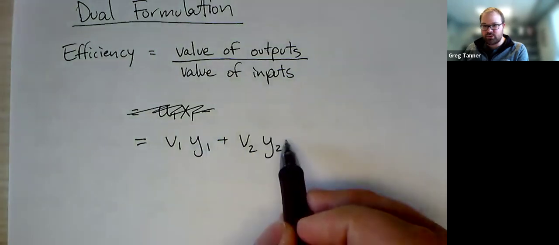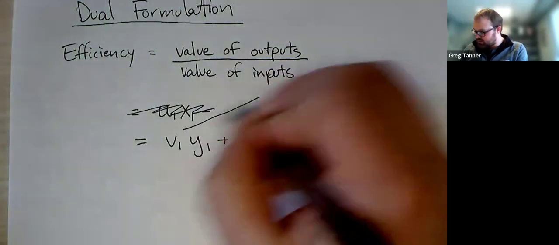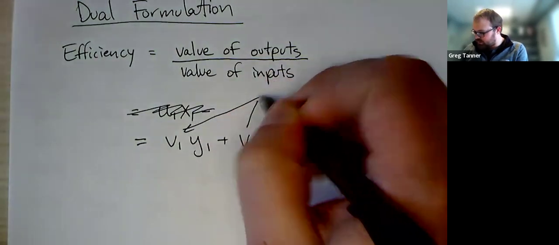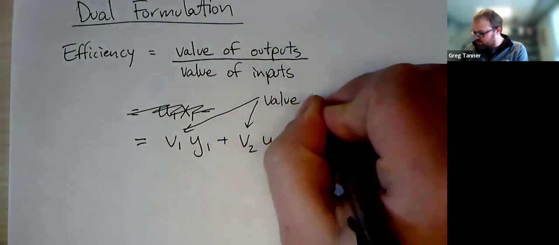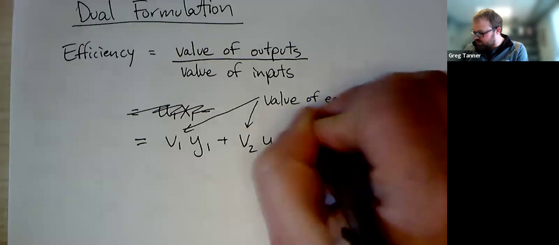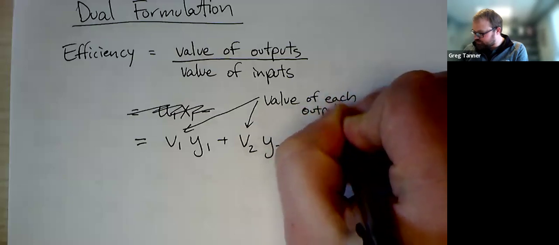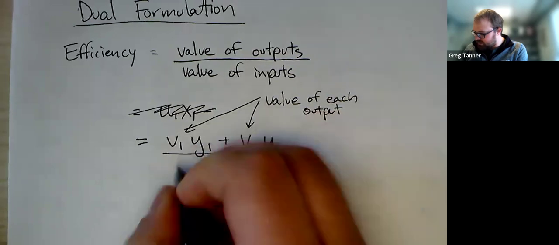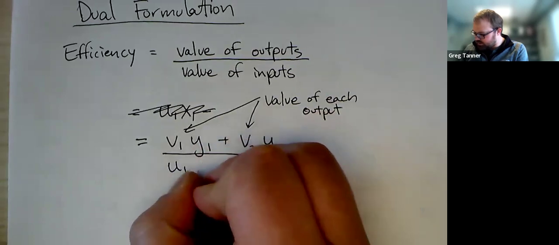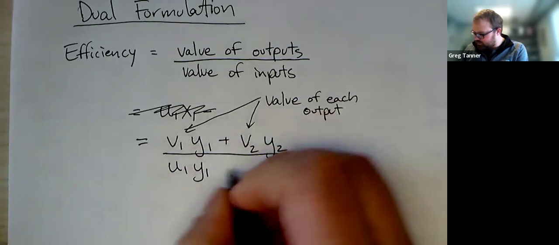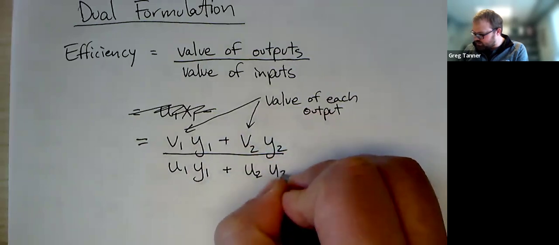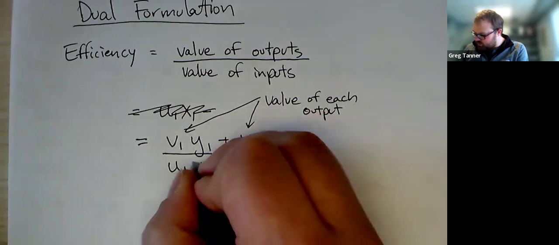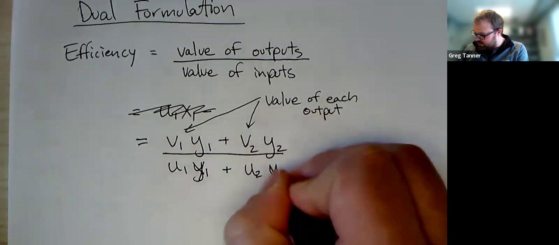Y1 and Y2 are my two outputs, and V1 and V2 are the value of each output. And that would be divided by U1 X1 plus U2 X2. I'm messing this up.